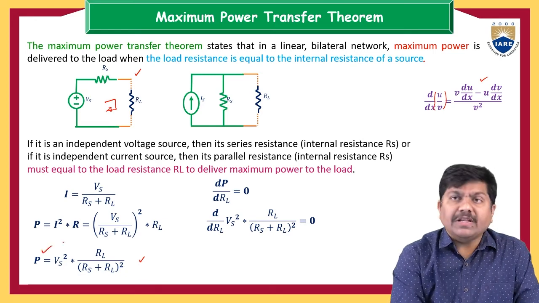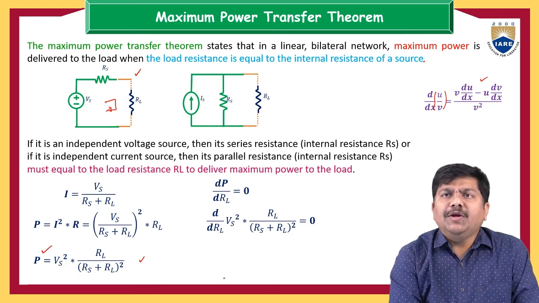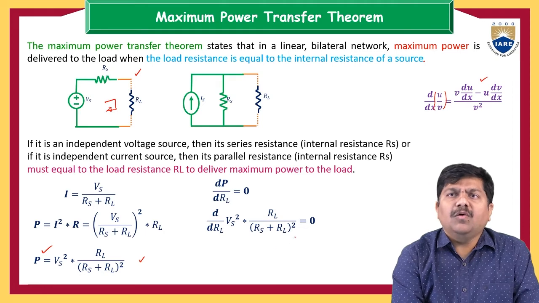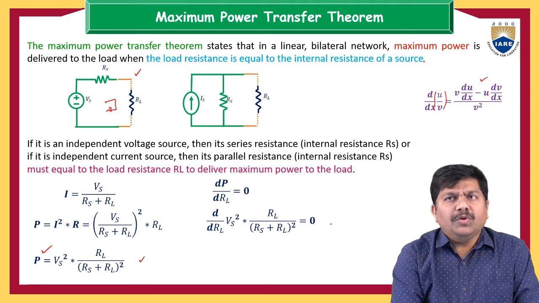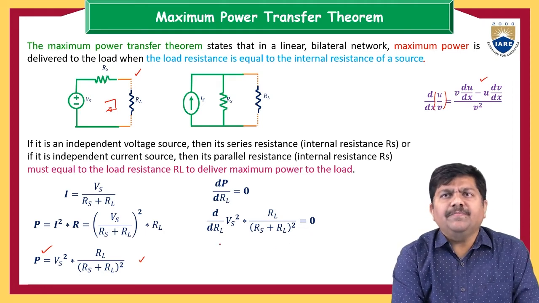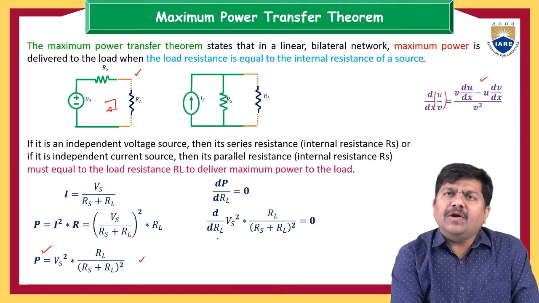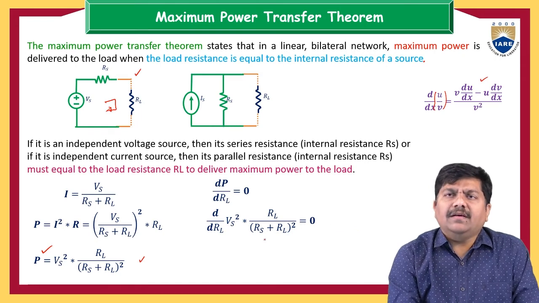Power is equal to Vs square into RL by Rs plus RL whole square. Now you have to take the first derivative of this total power with respect to RL, and then equate this expression to 0. Then we can develop the condition to achieve the maximum value.